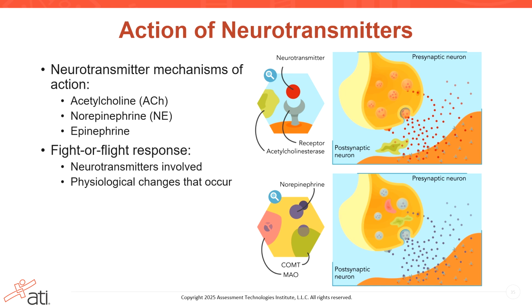And so it's going to cause your breathing to go up, your heart rate to go up, it's going to put your body on alert. Okay, that's because those neurotransmitters were sent out. As a result, we had some physiological changes occur. Our heart rate went up, our respiratory rate went up, things like that. We're breathing a little bit faster.